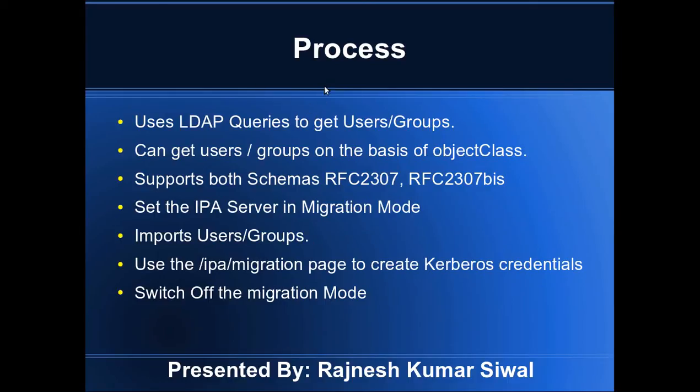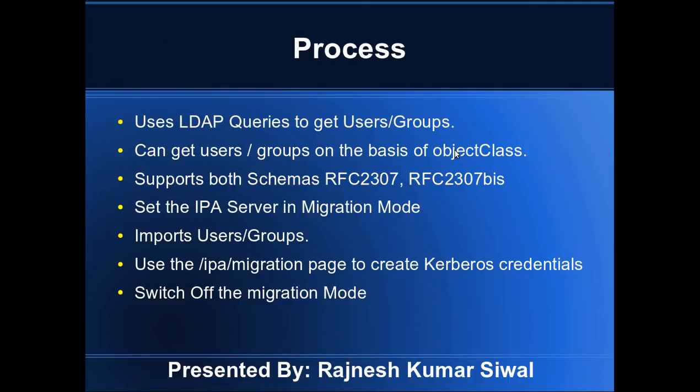What it does is an LDAP search query to the 389 directory server, fetches out the users on the basis of the object class, fetches out the groups on the basis of object class POSIX group, and fills them up into the IPA LDAP server. So it generally uses LDAP search queries to fetch out the users and the groups.